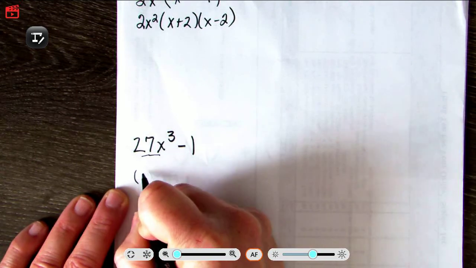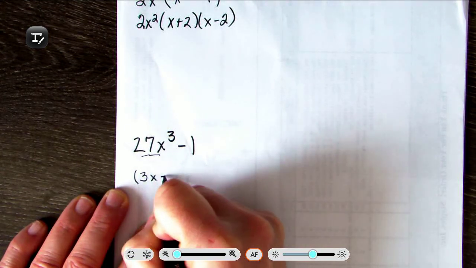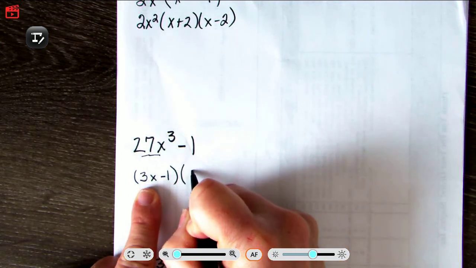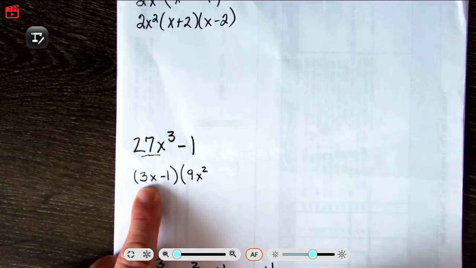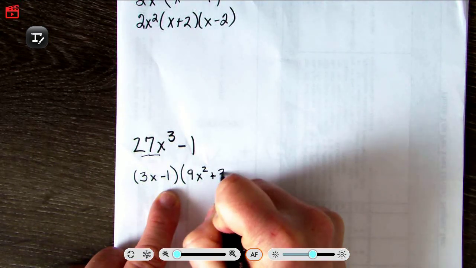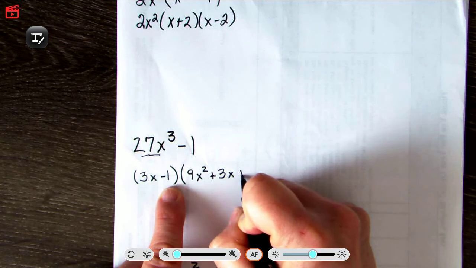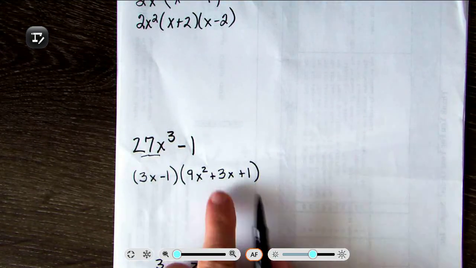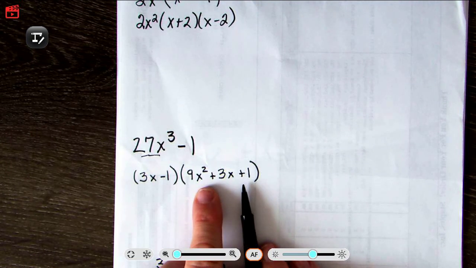So this one will factor as 3x minus 1. Then we take this first term and square it, so we get 9x squared. We take the product of those two, but the opposite sign, so plus 3x, and then this last term squared. This piece usually does not factor.